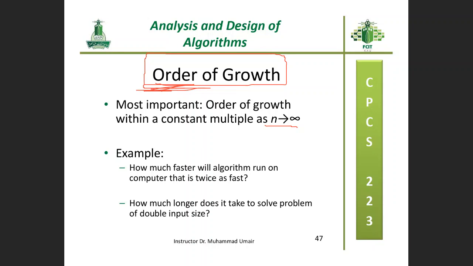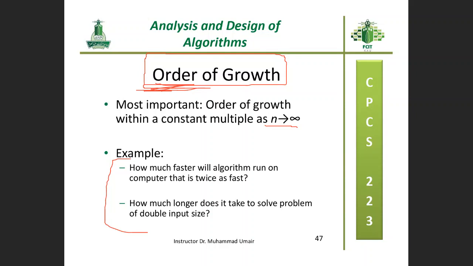So the basic idea of analysis is our order of growth, and determining the order of growth is about how the running time will change with the change of input size. So this is all about analyzing the iterative algorithm.